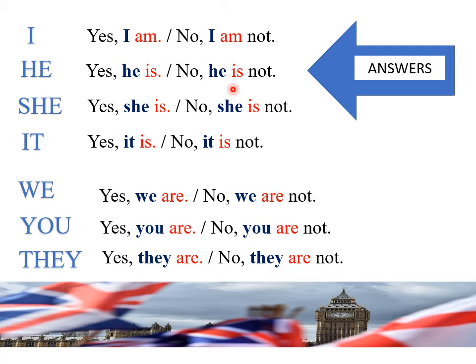No, he is not. Yes, she is. No, she is not. Yes, it is. No, it is not. Yes, we are. No, we are not. Yes, you are. No, you are not. And finally, yes, they are. No, they are not.